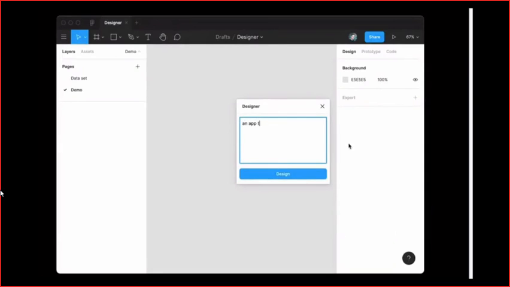He wants an app that has a navigation bar with a camera icon, with a photos title.